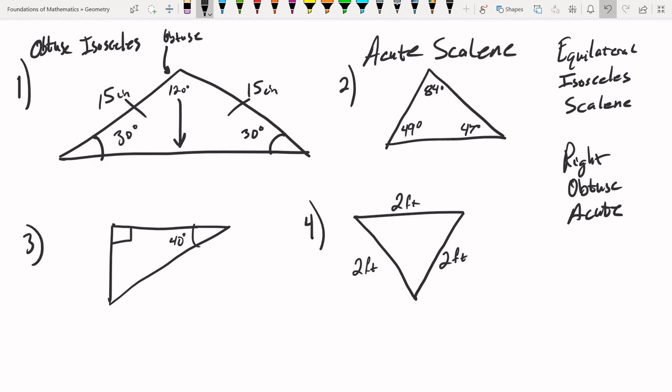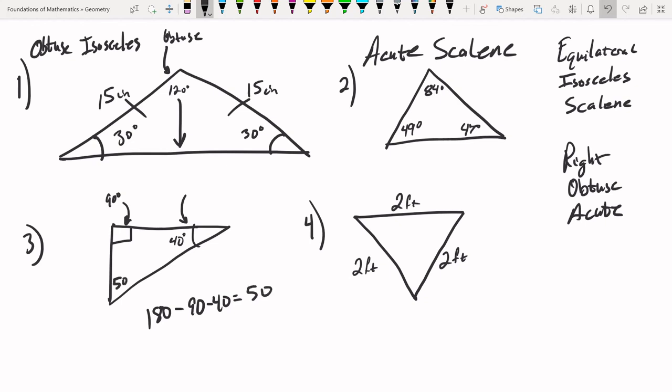All right, number 3. We have a right angle, so we know right off the bat it's going to be a right triangle. What about its side lengths? Is it going to be equilateral, isosceles, or scalene? Well, if we know that this angle here is 40, we also know that this angle here is 90 degrees. That's what a right angle is. 180 minus 90 minus 40 equals 50.